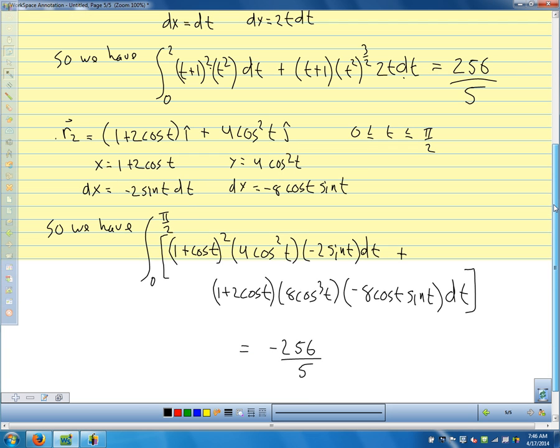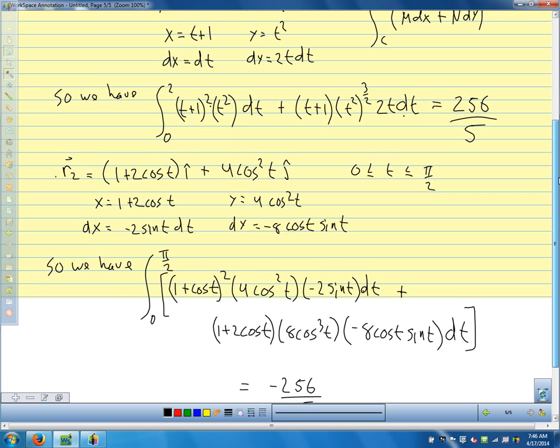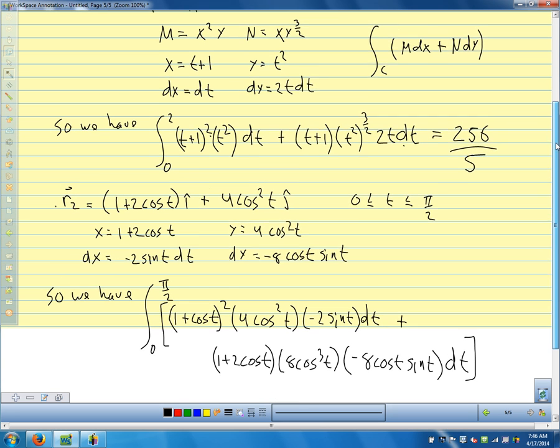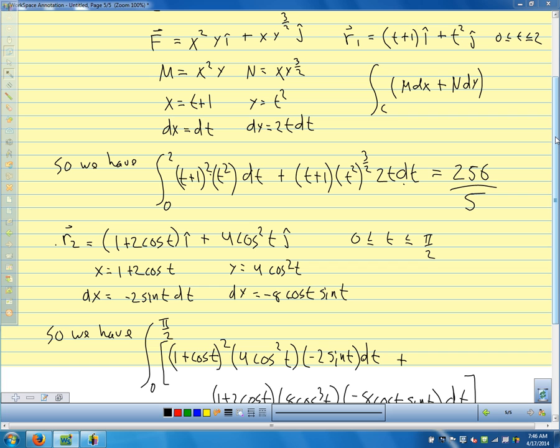We want to explain these results. What happened here? The sign change, that's a hint that it might have something to do with the orientation.